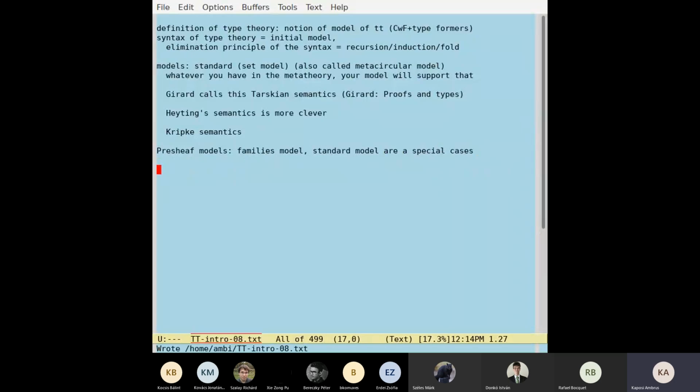And maybe before starting the technical details, the interesting thing about presheaf models is that, as I said, the standard model inherits everything from the meta theory. So if you have some feature of the meta theory, then your model of type theory will also support it.